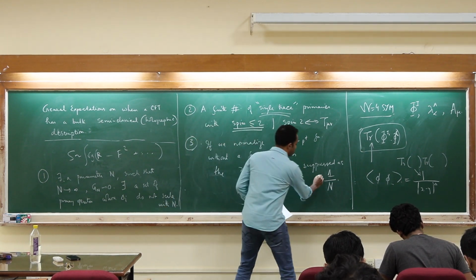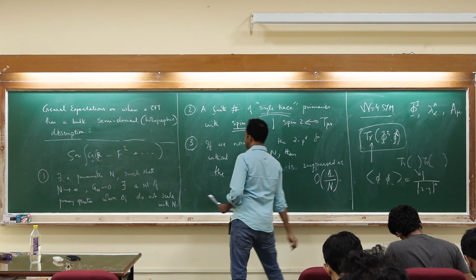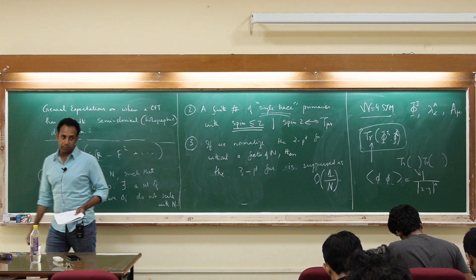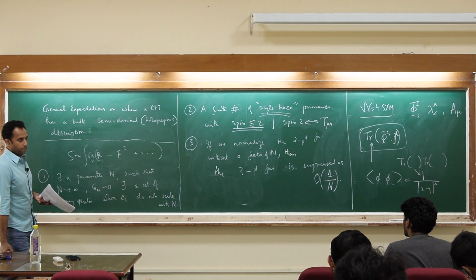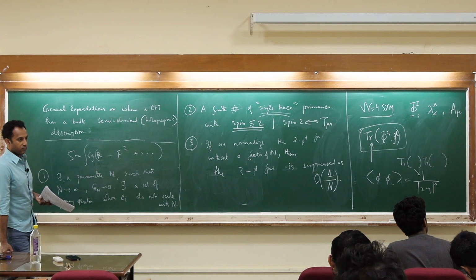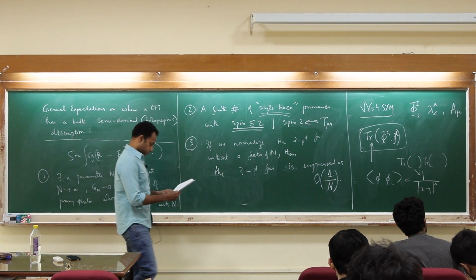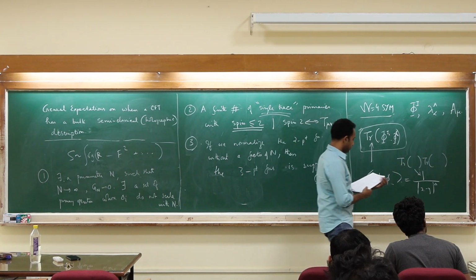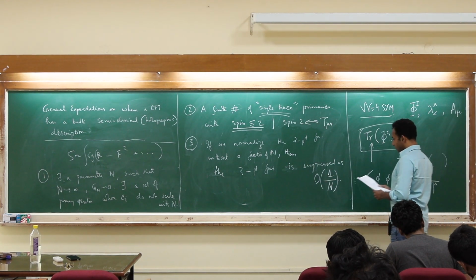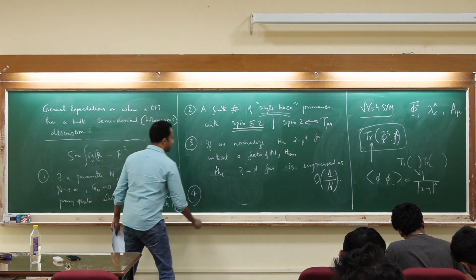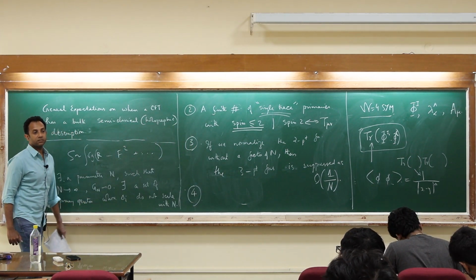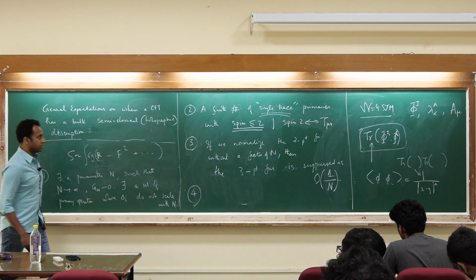So there will be a factor of 1 over N in my 3-point function. Fine? Yeah, and this is something that I've already mentioned to you once before. So I used the word single trace operator already probably before.